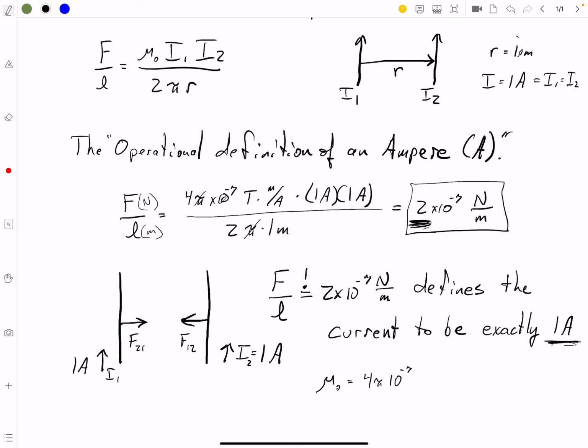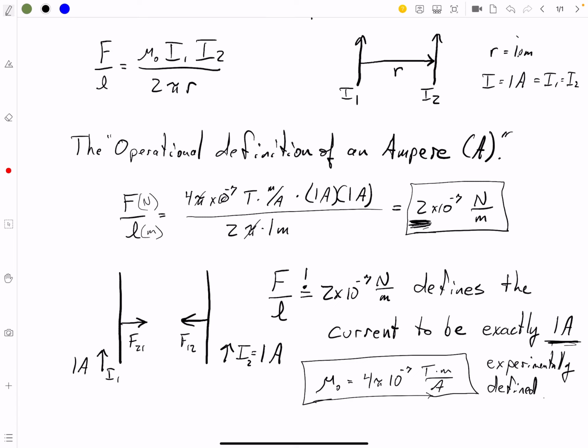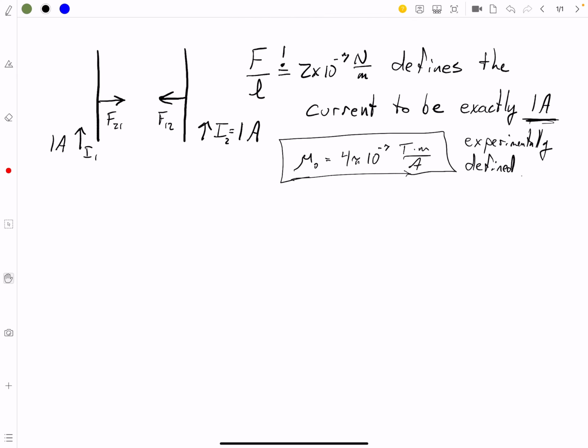So this mu naught in Tesla meters per amp comes from this definition. So this is experimentally defined. Okay. So far, so good.